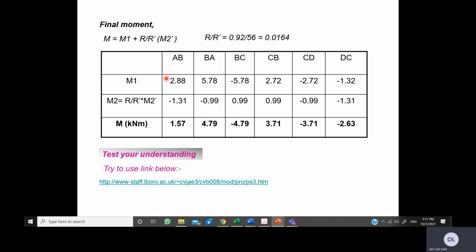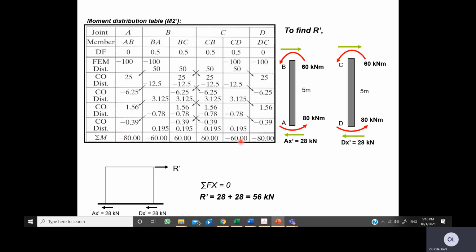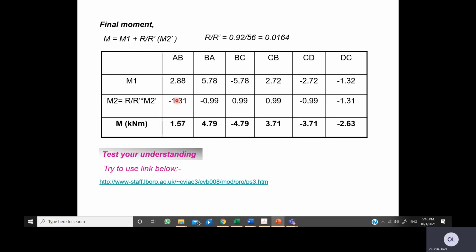You can put here your M1 value from moment distribution table number 1, and the M2 prime multiplied by the correction value, meaning this 0.0164 multiplied with these end moments. So you get these sets of M2 moments.